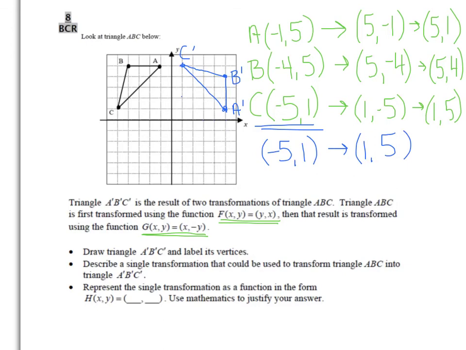So what's happening is my x and y are switching, and my original x is becoming negative. So the next thing you need to ask yourself is, what kind of transformation is this? And hopefully you're saying that this is a 90 degree rotation, counterclockwise.